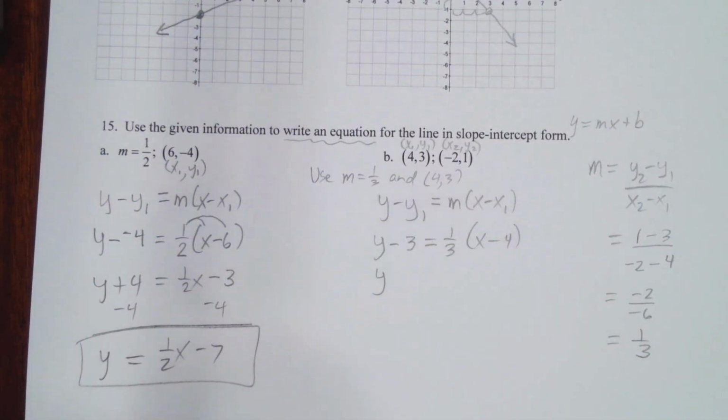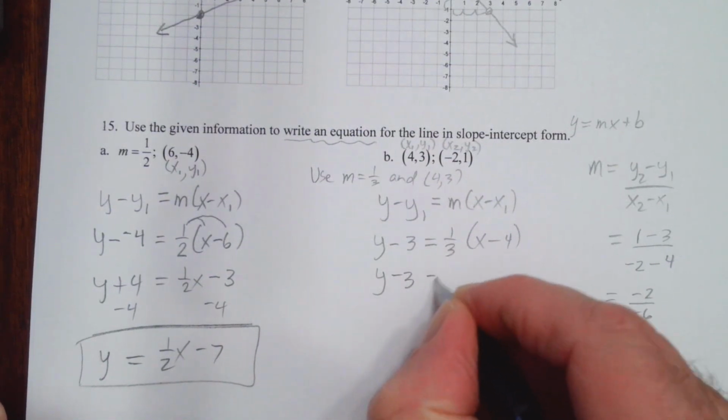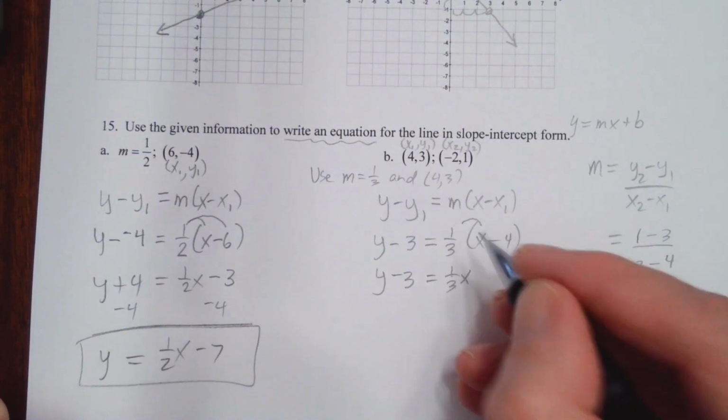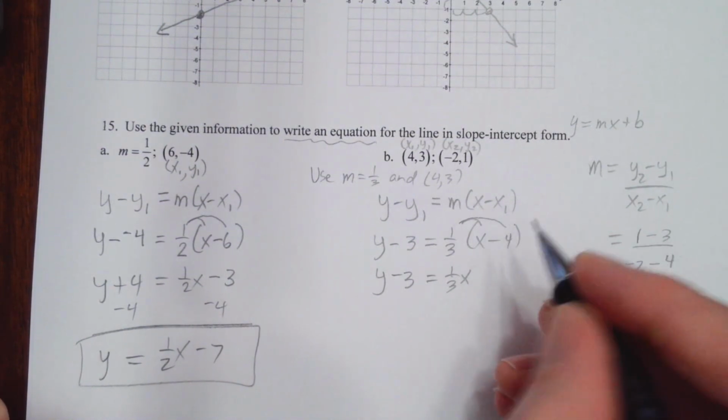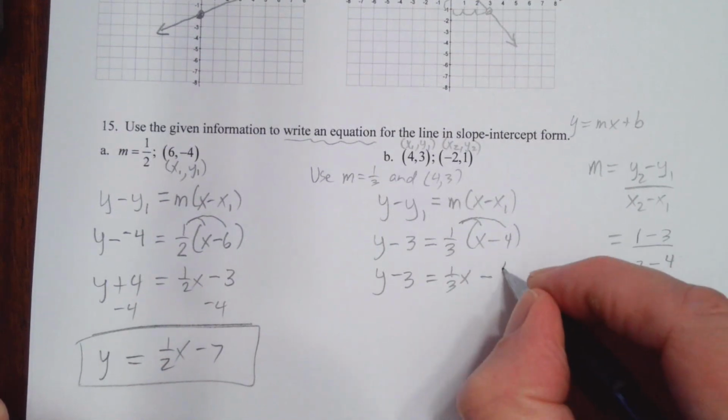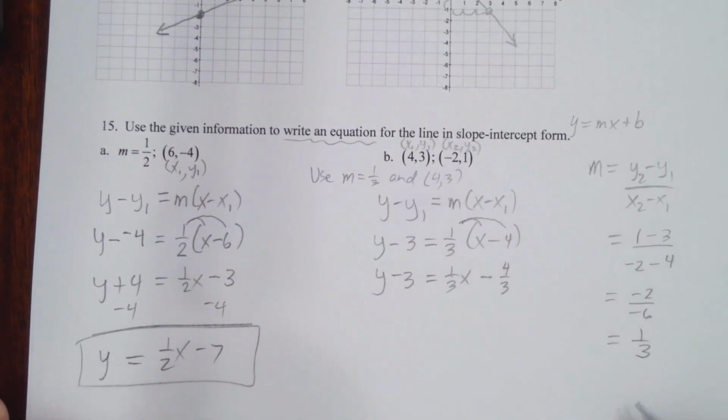I wrote 1/3, but I didn't write it there. Okay, so it's y minus 3. So 1/3 times x is 1/3 x. And 1/3 times 4, this will be minus, because it's a positive times a negative, it's going to be 4/3. 1/3 times 4, you multiply across, you get 4/3.